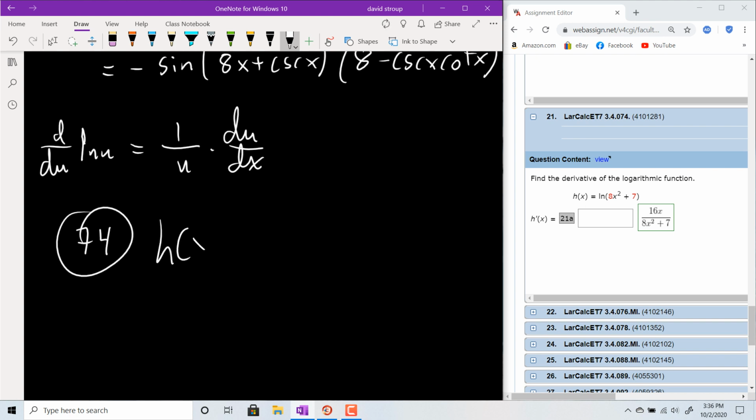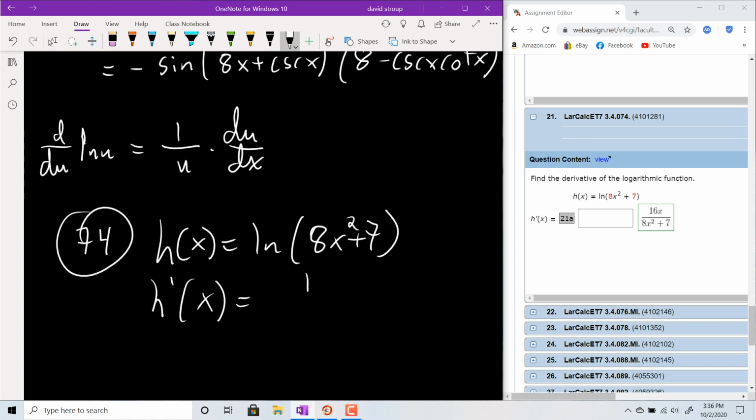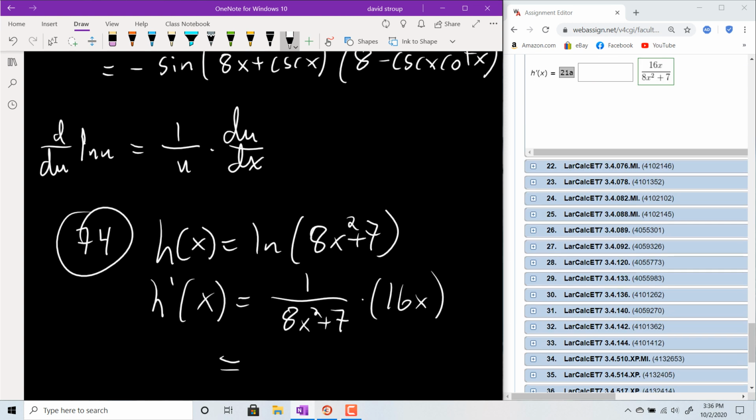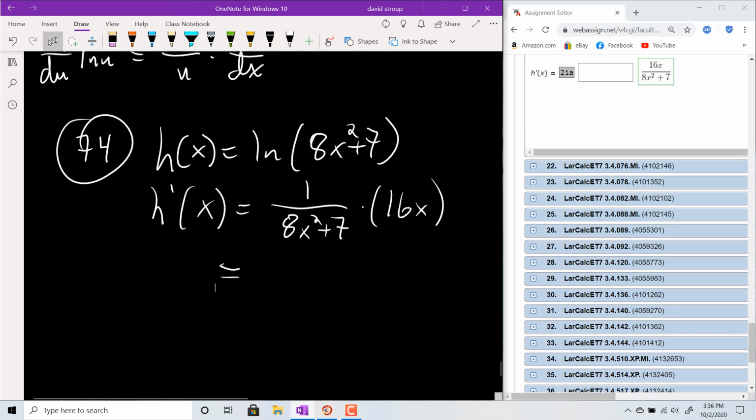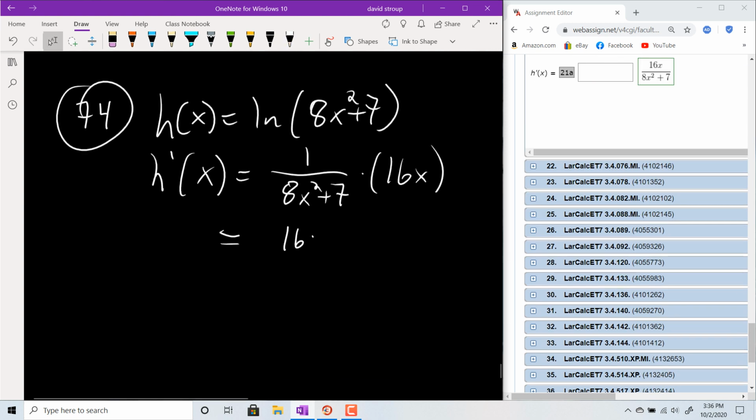I got h of x is ln of 8x squared plus 7, and then h prime of x will just be 1 all over the guts, 8x squared plus 7, times the derivative of the guts. So the derivative of 8x squared will be 16x. Derivative of 7 is just 0. And then we can simplify it, or make it look pretty, with 16x all over 8x squared plus 7.